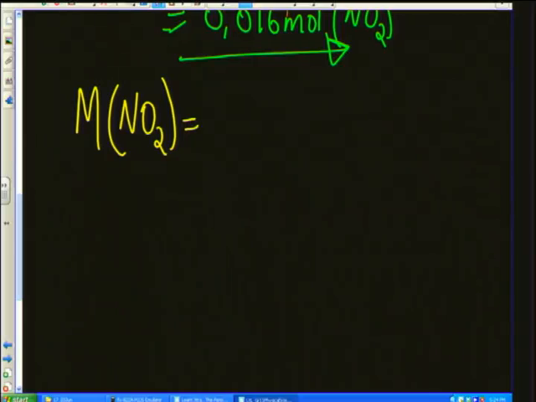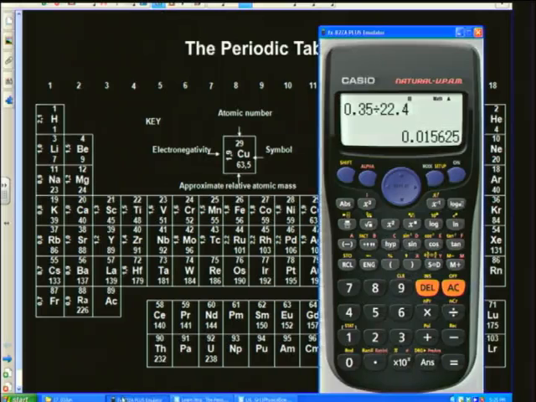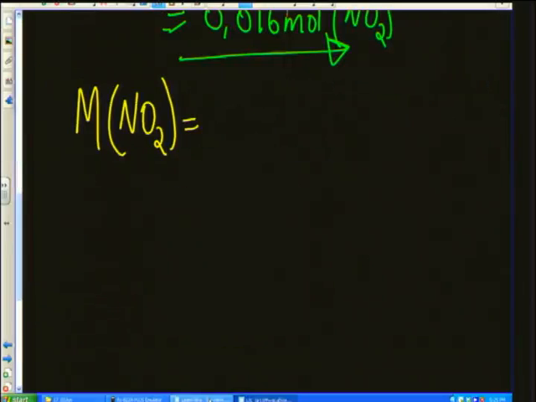How do we do that? We go to the periodic table. For nitrogen, let's check it. There is nitrogen, 14. So we say 14 there. For oxygen, just next to it, 16. So we come back to our calculation. For nitrogen, we're talking 14.